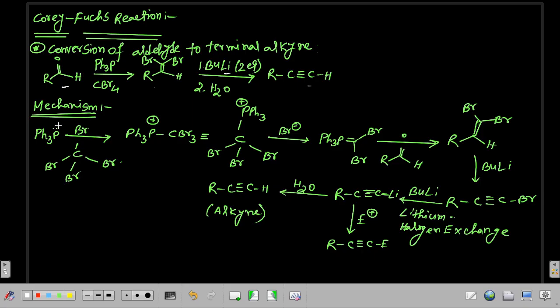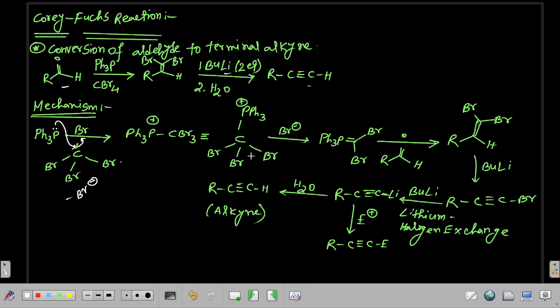This triphenyl phosphine will react with the carbon tetrabromide. Triphenyl phosphine has phosphorus with one lone pair, so this lone pair will attack on the carbon and it leads to the removal of the bromide ion.